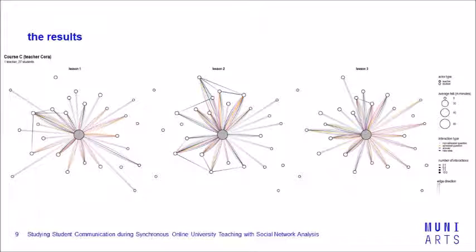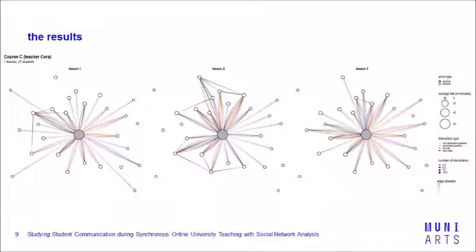What we see here is course C. Compared to the previous courses, course C was marked by very rich student-to-student interaction, especially in lesson 2, and that's actually the only case in my sample which resembles an interaction pattern other than the star-shaped pattern centered around the teacher.